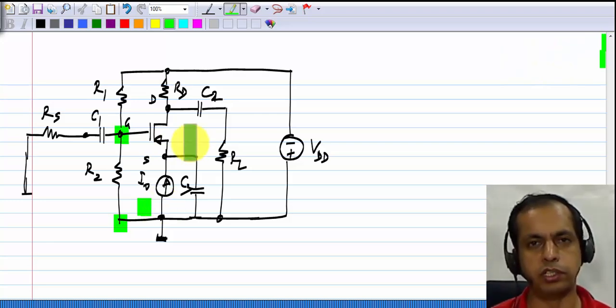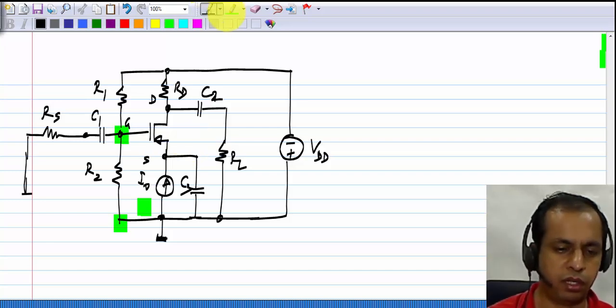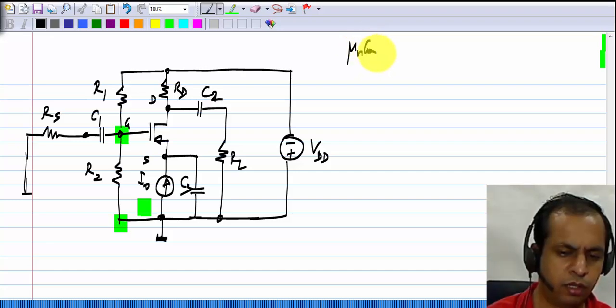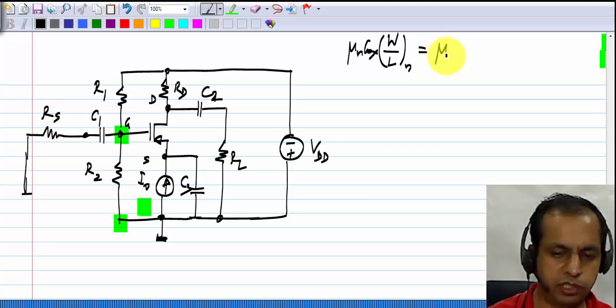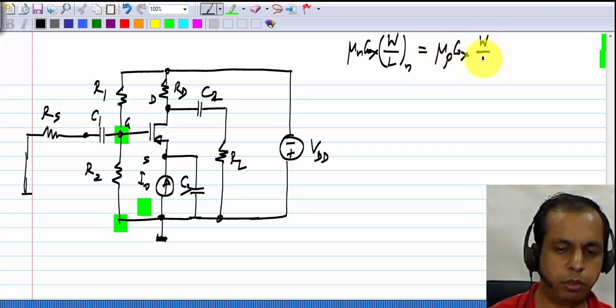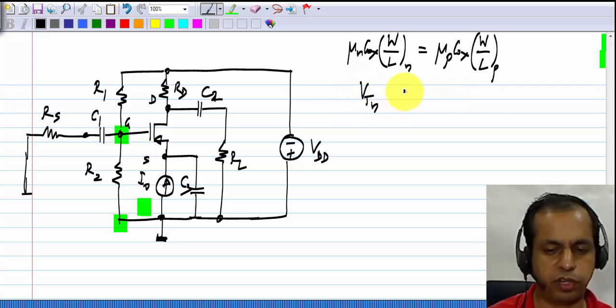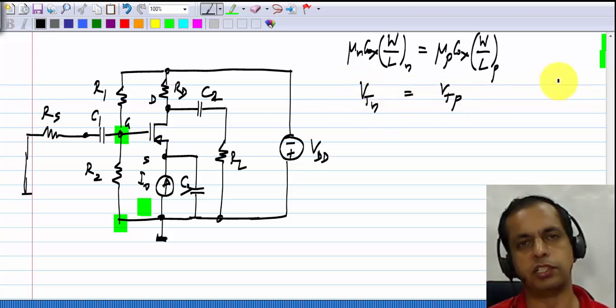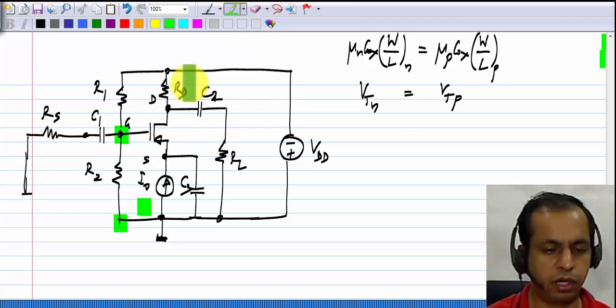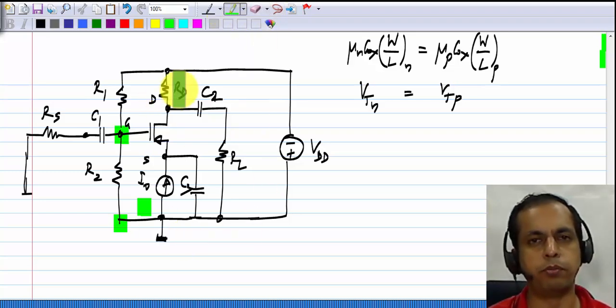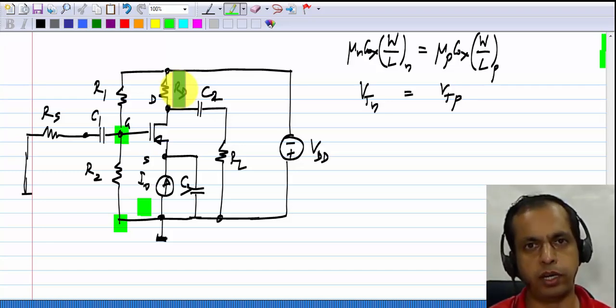Now the operating point is the same, that is, if let's say that mu Cox W by L of the NMOS transistor is the same as mu P Cox W by L of the PMOS transistor, and the threshold voltages of the NMOS and PMOS transistors are exactly the same, then doing this will ensure that the operating point conditions are exactly the same for PMOS and NMOS except for a reversal of polarity. Of course, these conditions are not always true.